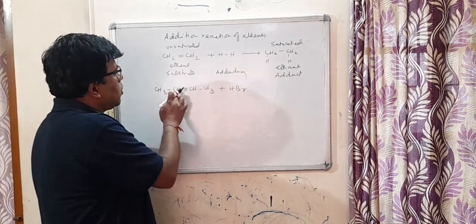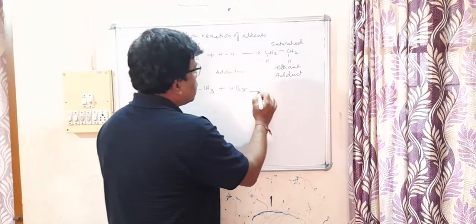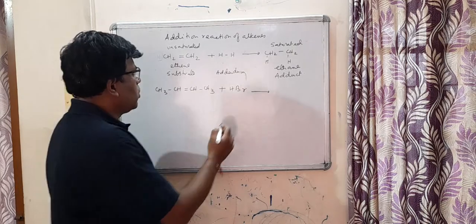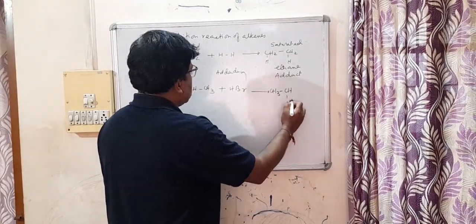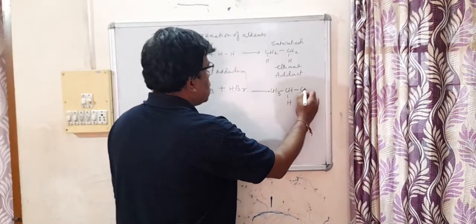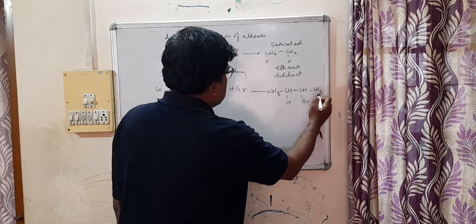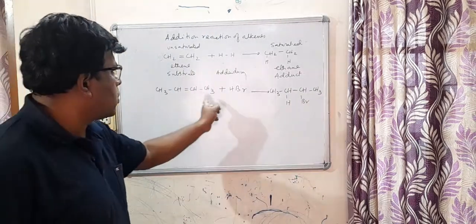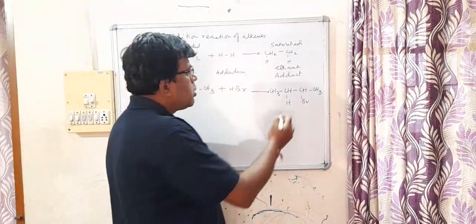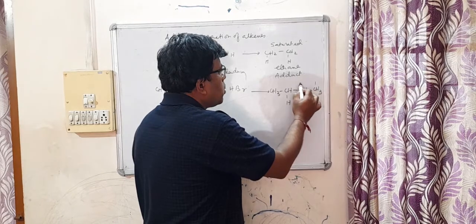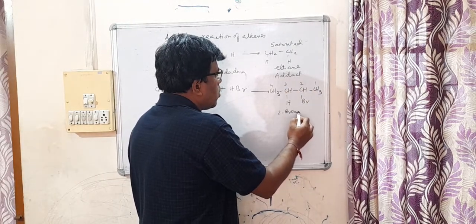Here again, one H will get added here, one Br will get added here, and we get the product CH3CHBrCH2CH3. So this is the product that is formed, and if you want to name it, IUPAC name, 1, 2, 3, 4, it will be 2-bromobutane.